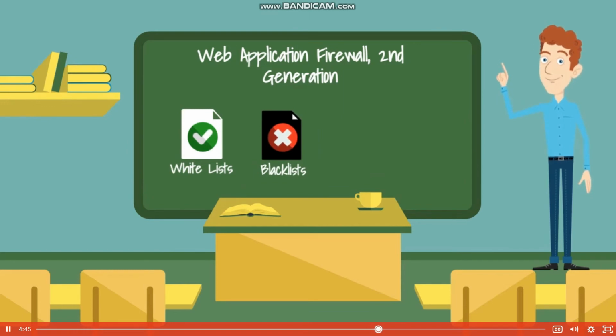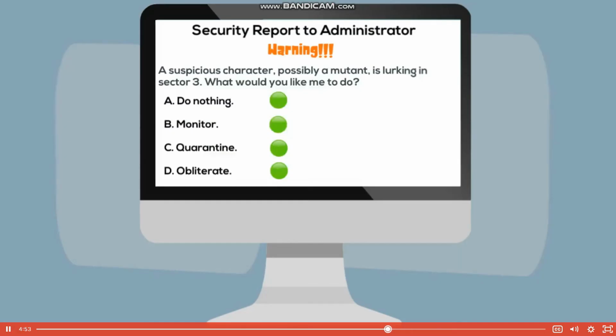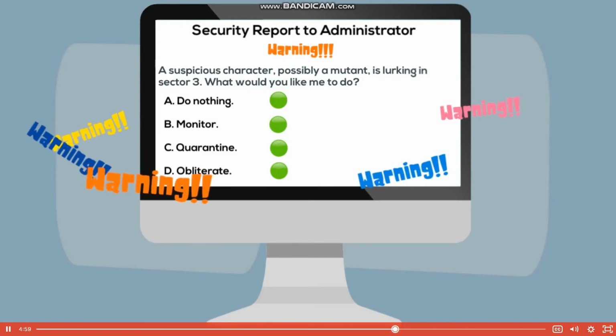It also introduced session monitoring and heuristics, which permitted the firewall to detect variants of known signatures. This was a step forward, but as machine learning was overseen by IT security, defense could not keep up with the ever-expanding numbers of mutations of existing methods or new exploits. Moreover, there was no defense against zero-day exploits, which exploited an unknown weakness in software code.